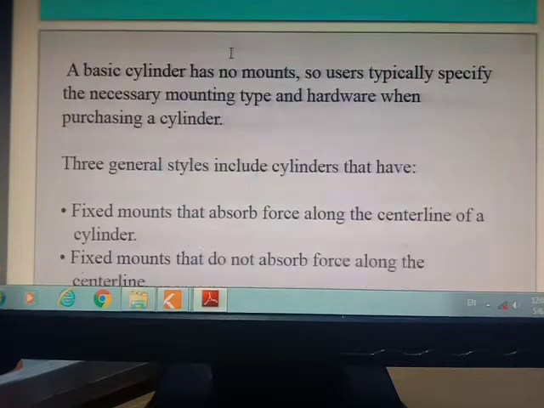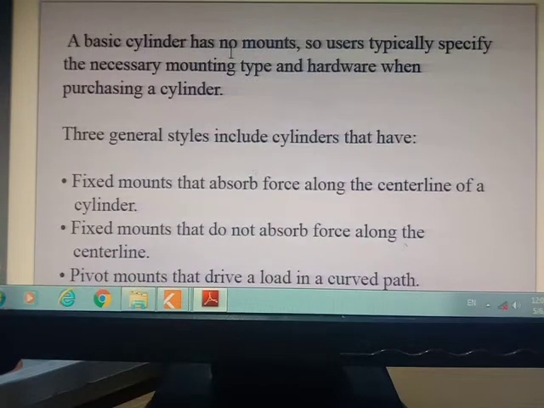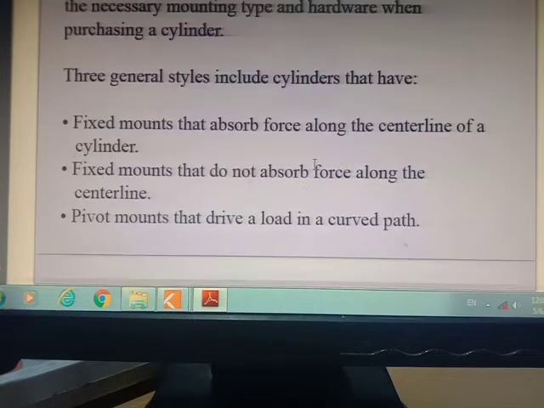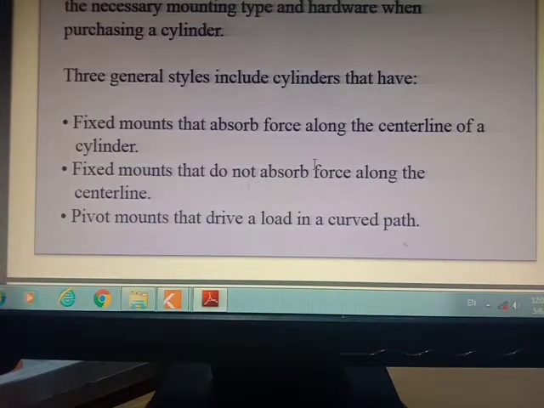Generally when we talk about cylinder mounting, there are three basic types. Number one, fixed mounts that absorb force along the center line of the cylinder. The second type is fixed mounts that do not absorb force along the center line.